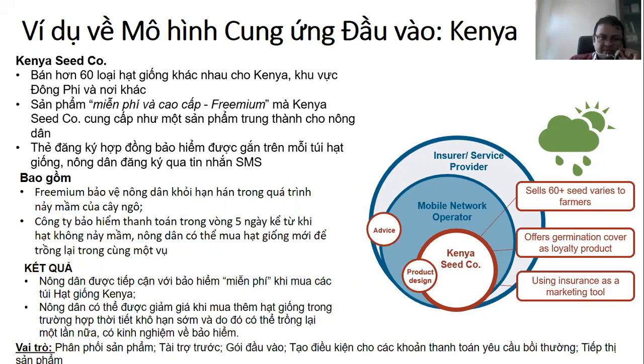In that case, the payout would go from the insurance company to the seed companies, and then the seed companies would use that money for giving discounts or free bags of seeds, depending on what they wanted to give to the farmers. So this has been used as a kind of marketing tool for some input suppliers in Africa. This has also happened in quite a few other countries over the years.